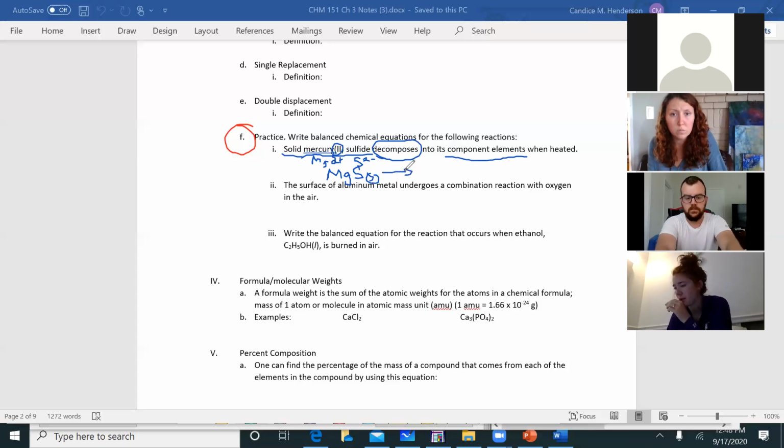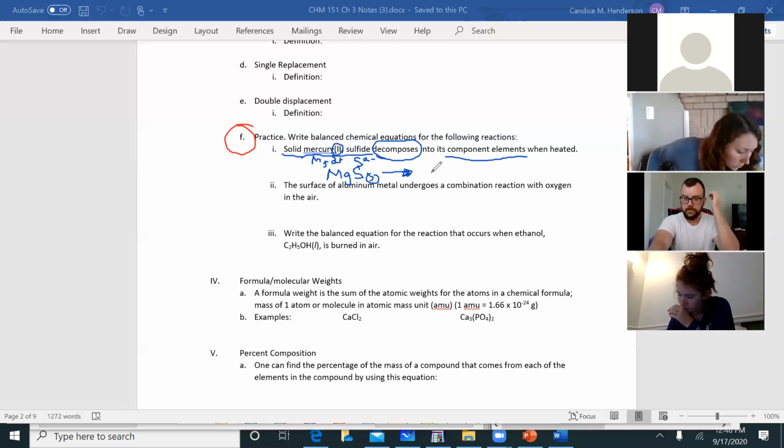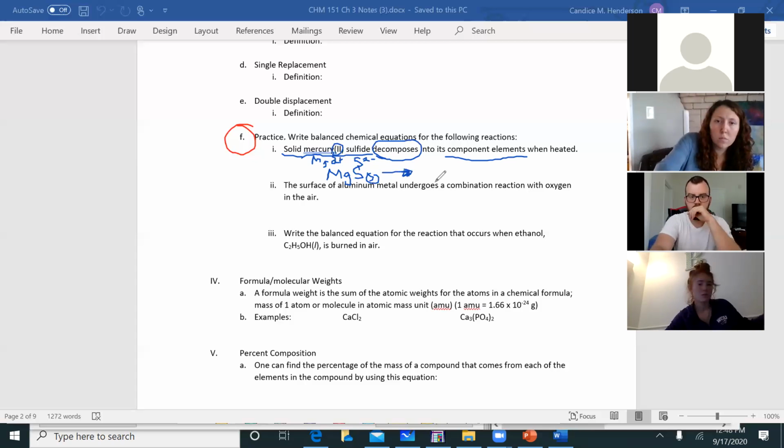All right, it decomposes. So I'm going to put my arrow, and then I'm going to break it apart into magnesium and sulfur. Sorry, I don't know why I keep putting magnesium, mercury. My bad.